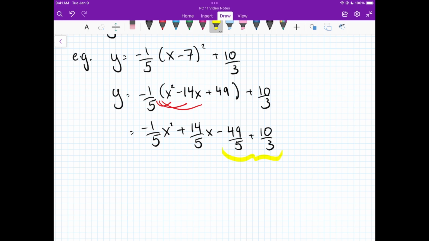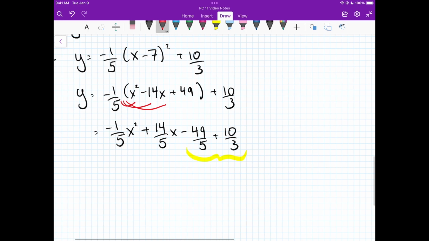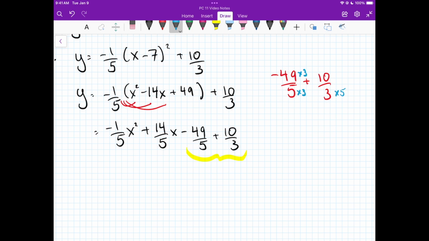Then the last thing we need to do here is combine these two at the end, but this one's a little bit tougher than it was on the last one we did because we've got the fractions to deal with. So if we're looking at negative 49 over 5 plus 10 over 3, we need a common denominator for those, which in this case is going to be 15. So we're going to multiply the first fraction by 3, second one by 5. Gets me negative 147 over 15 plus 50 over 15.